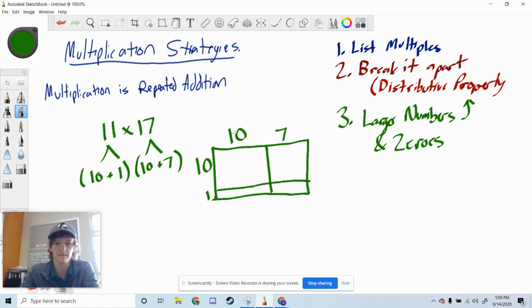10 times 10, the trick with zeros is to cross them off, do whatever that digit is times that digit. 1 times 1 is 1. And then the amount of zeros that we crossed off, 1, 2, we're just going to put those here. 2 zeros.